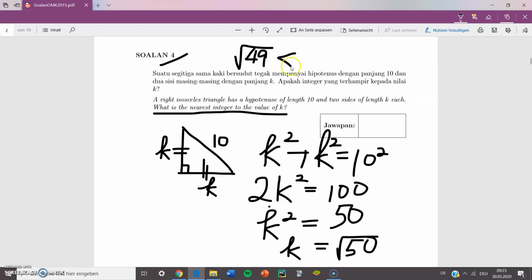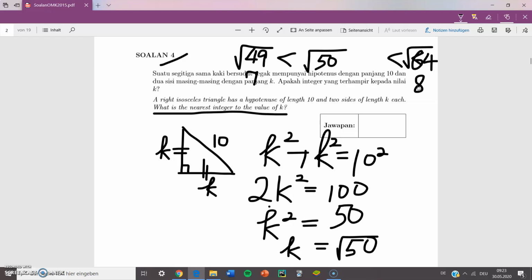So we can write here that root 49 is a bit smaller than root 50, and root 50 is a bit smaller than root 64. So we know that root 49 is 7, and then root 64 is 8. So it's clear that root 50 lies somewhere between 7 and 8. But to which number is it closer?